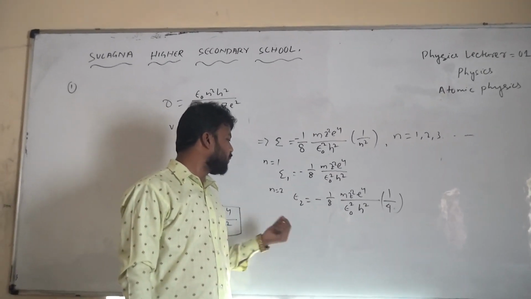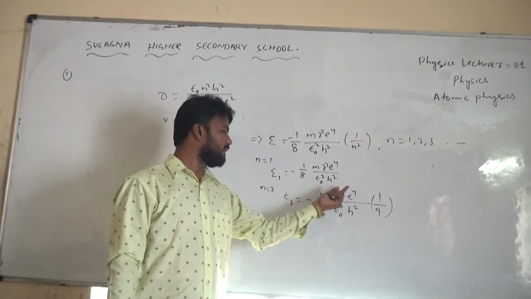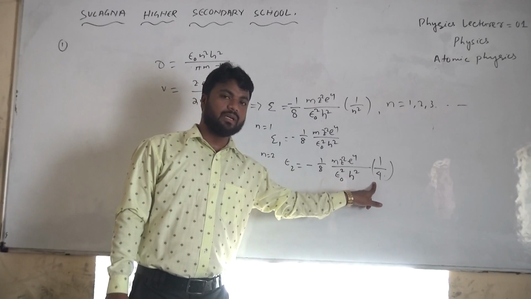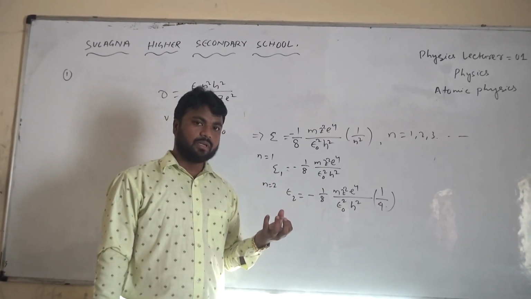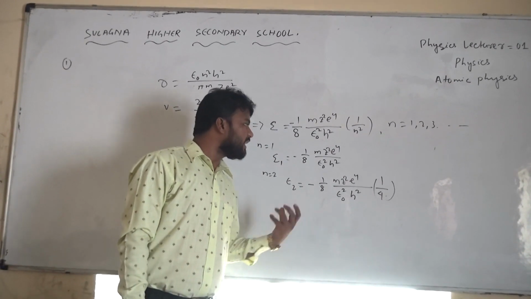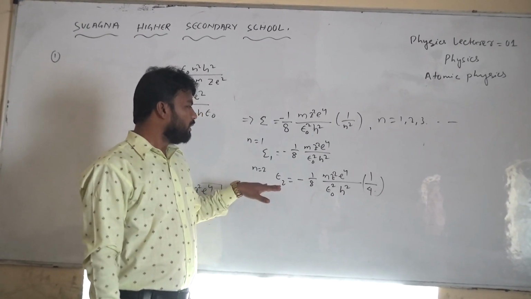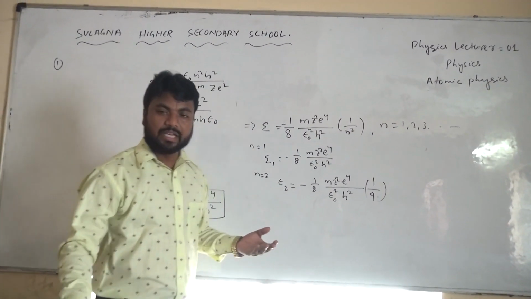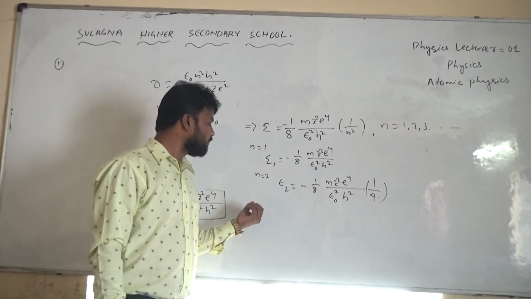When n equal to 2, E2 is equal to minus 1 by 8 m z square e to the 4th by epsilon naught square into 1 by 4. When n is increased, the energy is less negative, so in the higher orbits the electron cannot be bound for long times.